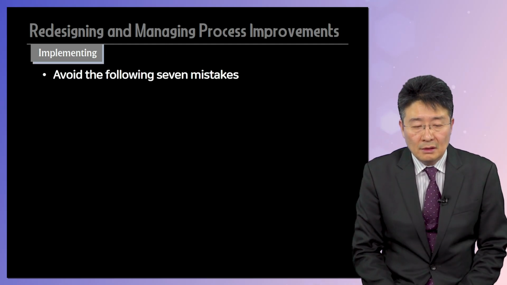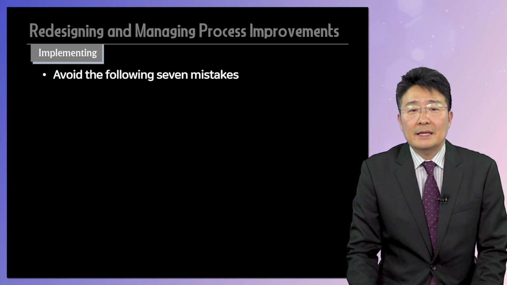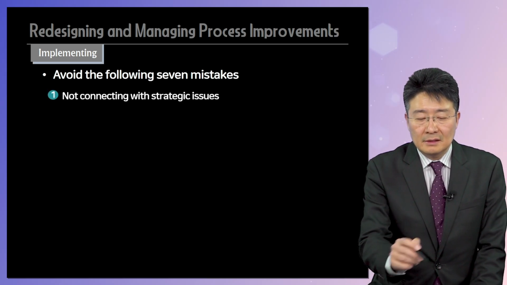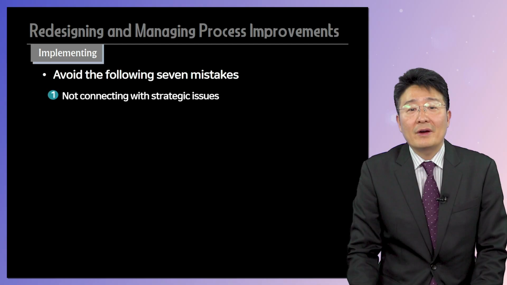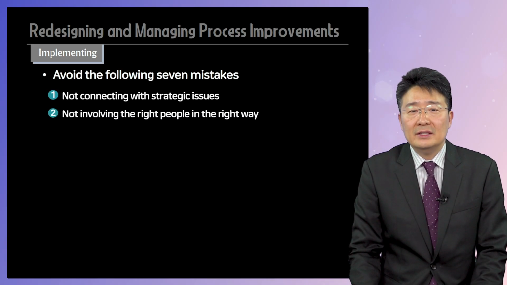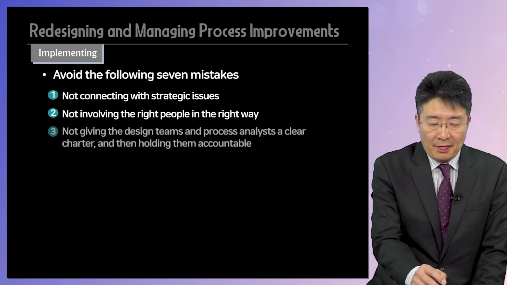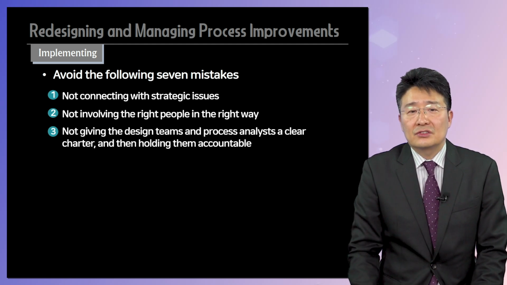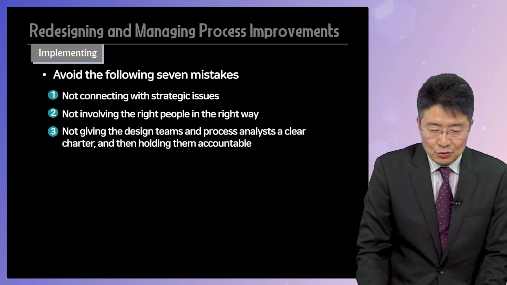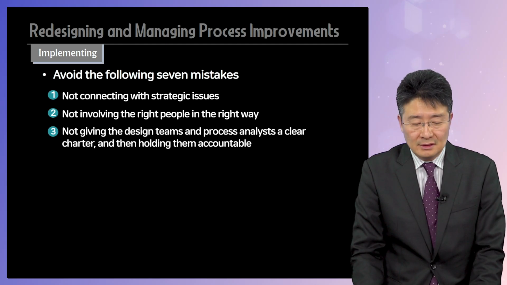Implementing. So we need to avoid the following 7 mistakes. The first, not connecting with the strategic issues. Secondly, not involving the right people in the right way. Third, not giving the design teams and process analysts a clear charter and then holding them accountable.